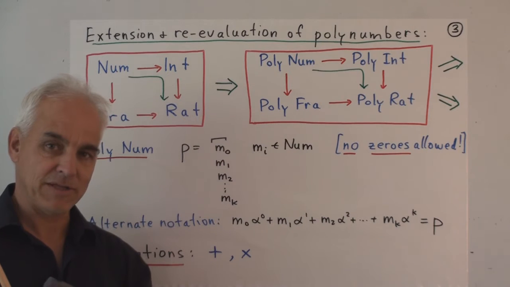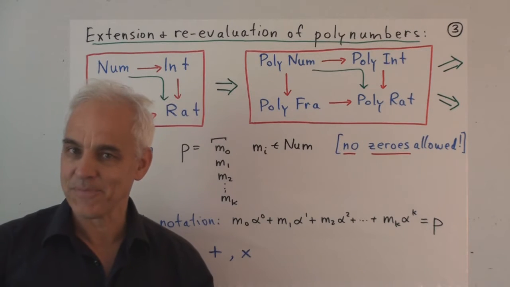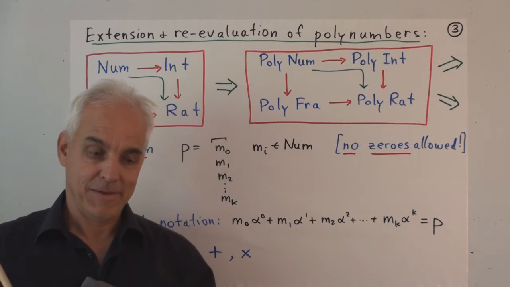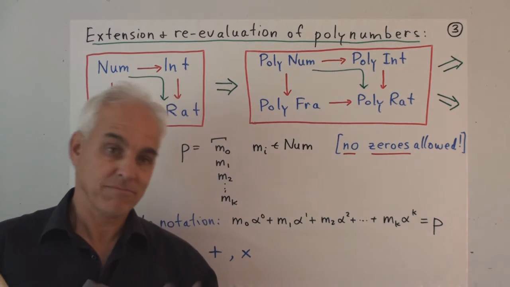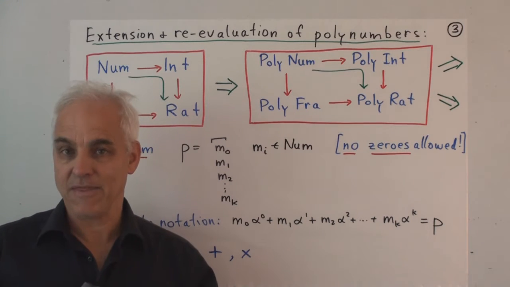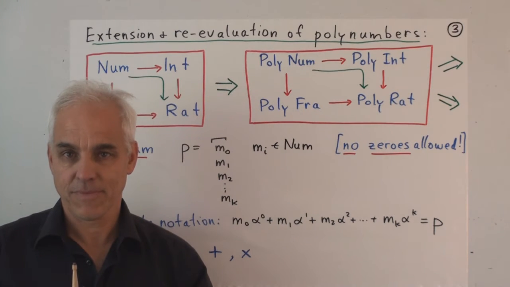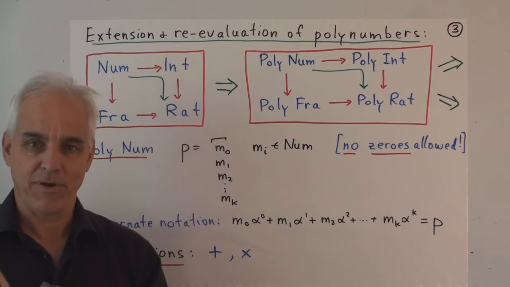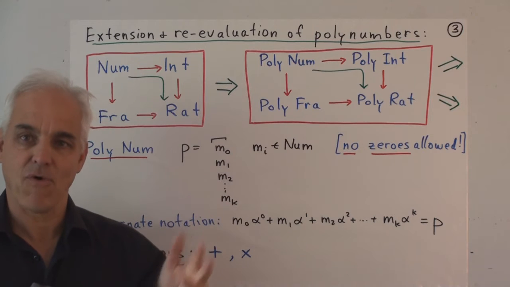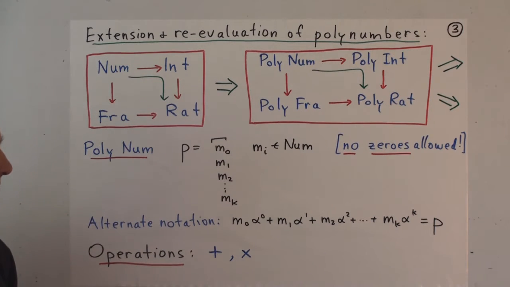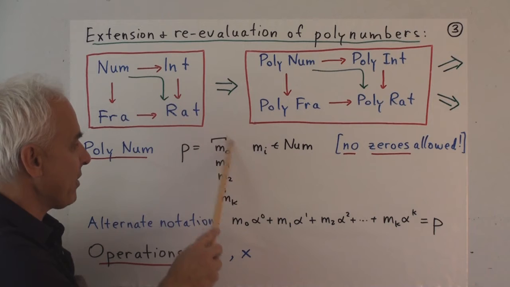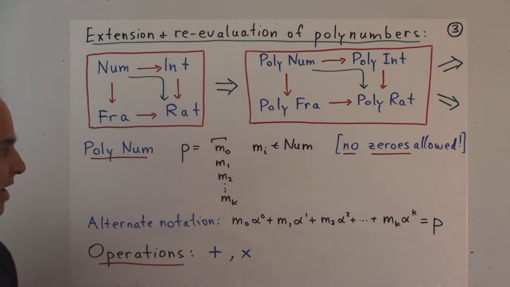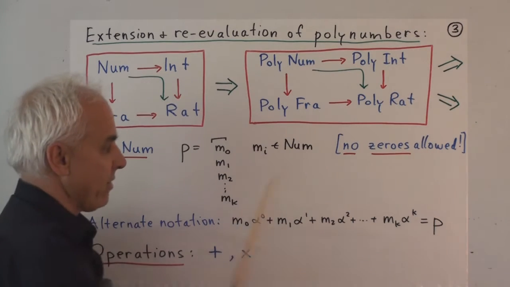Right? 0 is actually a relatively sophisticated idea, going back to the Hindu Arabic system. It's more naive, it's more simple-minded to think of an arithmetic that doesn't have a 0. So what would happen if we started thinking about polynumbers in that framework? Now we only have 1, 2, 3, 4, 5, and so on. Well, that means we would be talking about polynumbers, columns of natural numbers now, with no zeros allowed.